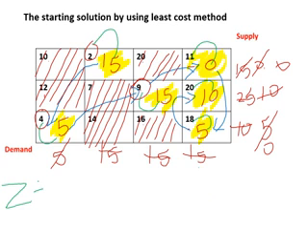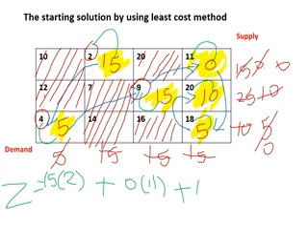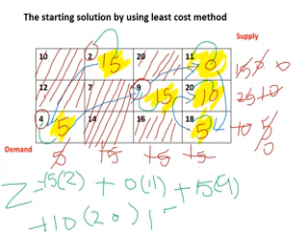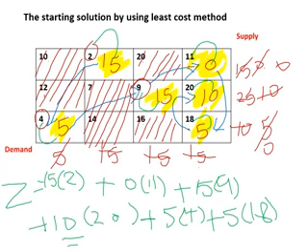Let's calculate it again. Z in this case, by using the starting solution least cost method, equals 15, which is the quantity, times 2, which is the cost, plus 0 times 11, plus 15 times 9, plus 10 times 20, plus 5 times 4, plus 5 times 18, which is equal to 475.